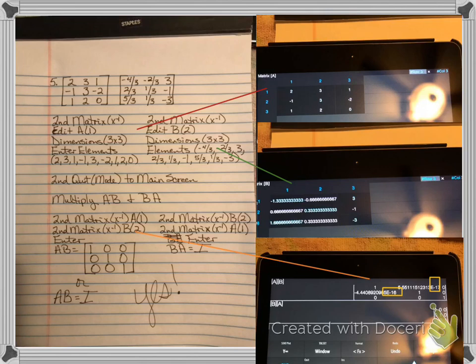Now, I want you to take a look here. It looks like I've got numbers in this column B, first section. So B12 position, and in the B21 position, it looks like I have numbers. But those are that number times e to the negative 16th.